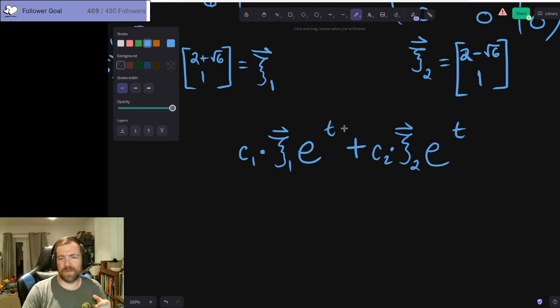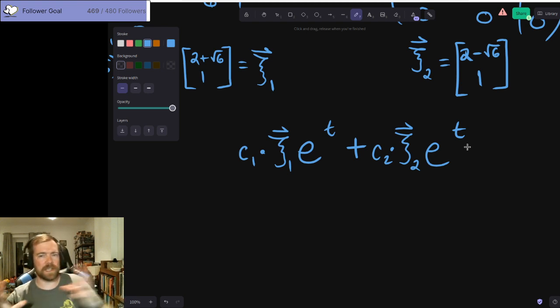So we were saying that we wanted our e to the t in both of these cases to be modified, as Dawn had mentioned, because as t gets big or as t gets small, it's got to affect the overall solution in some way, shape, or form.